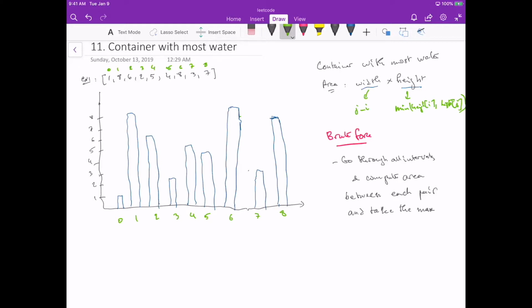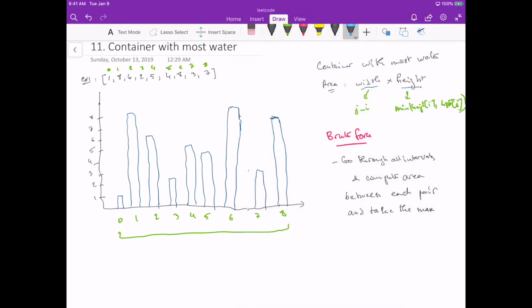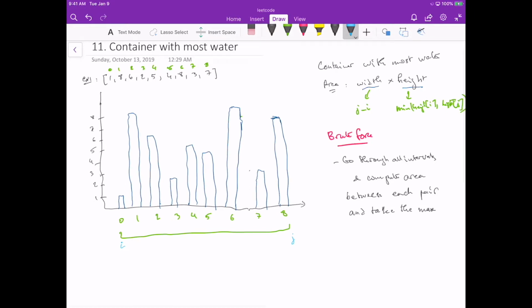Since it depends on the width, let's just pick the max width possible, which is to take the entire section as a start. That means putting our i here and our j here. This will maximize our width, right? And then from there, take the max area of that.